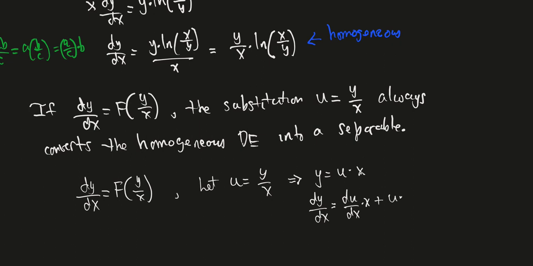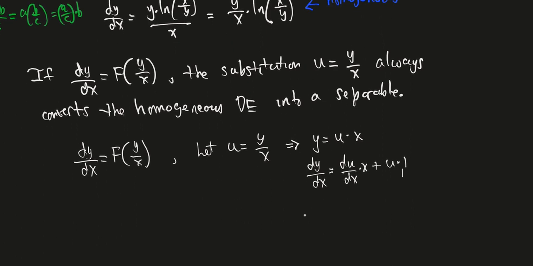Well, the derivative of x with respect to x is 1. So there you go. Let me write this one more time: dy/dx is equal to du/dx times x plus u.